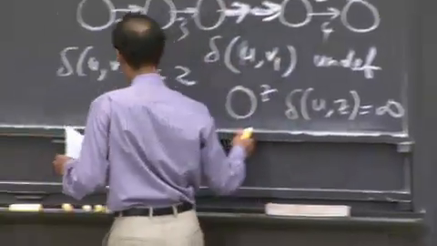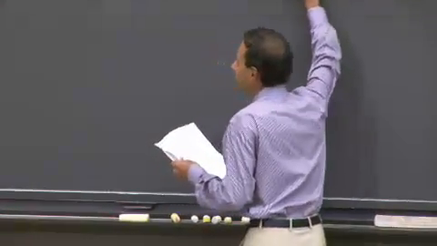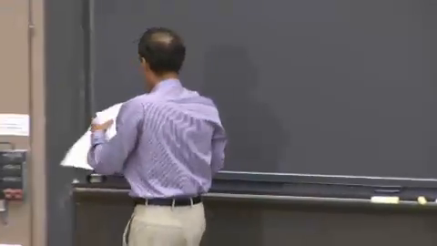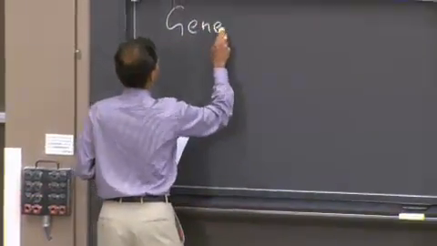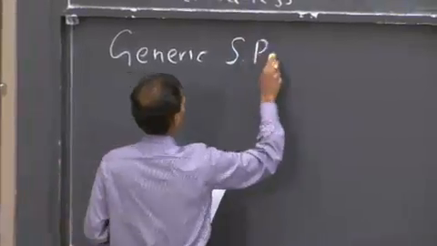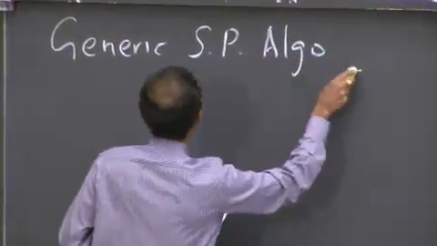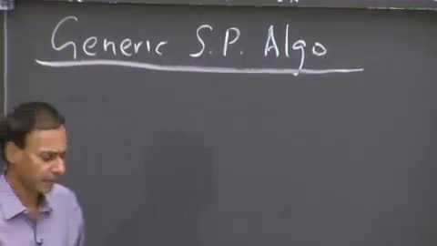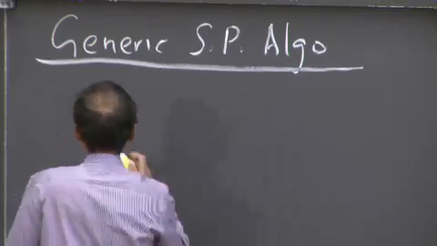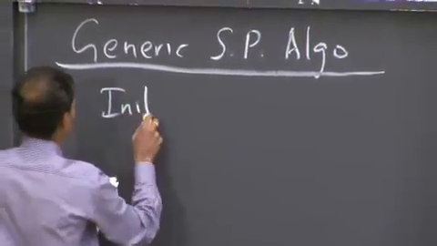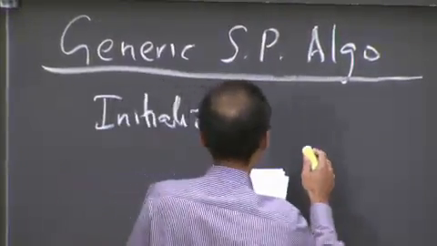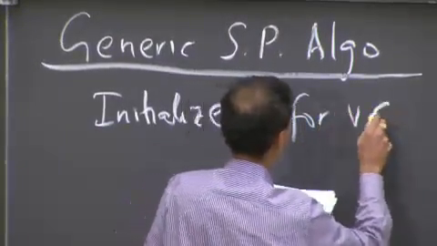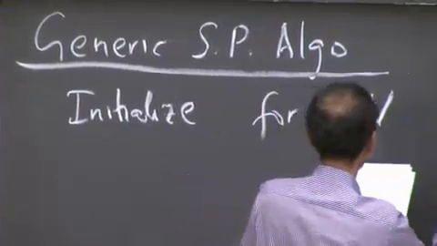So let's take a second look at our generic shortest path algorithm that I put up, I think, about a week ago. And this is a good review of our notation, but there are a couple more things I want to say about this algorithm that I didn't get to last time.